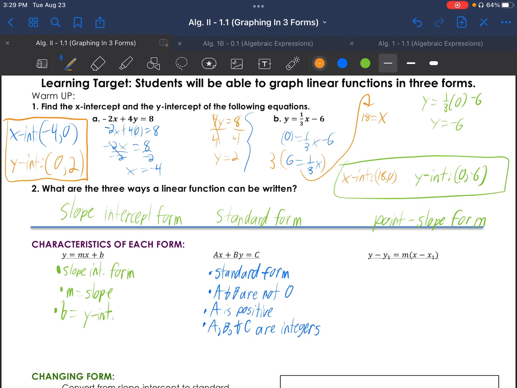And then the third form, point-slope form. M is the slope again, and x1, y1 is a point on the line.